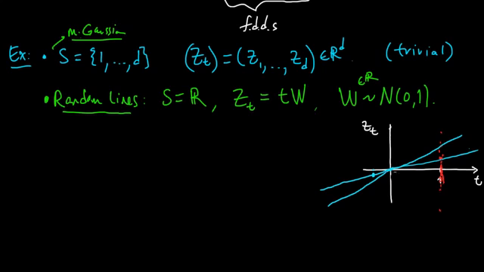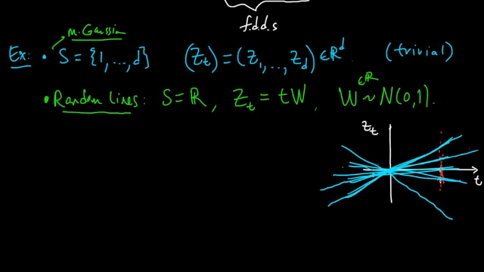And so we're going to get all these lines. Oh, they all have to go through the origin. Something like this. So if we were to draw successive samples of Z_t, of this Gaussian process, they would look like this. They would just be these random lines.